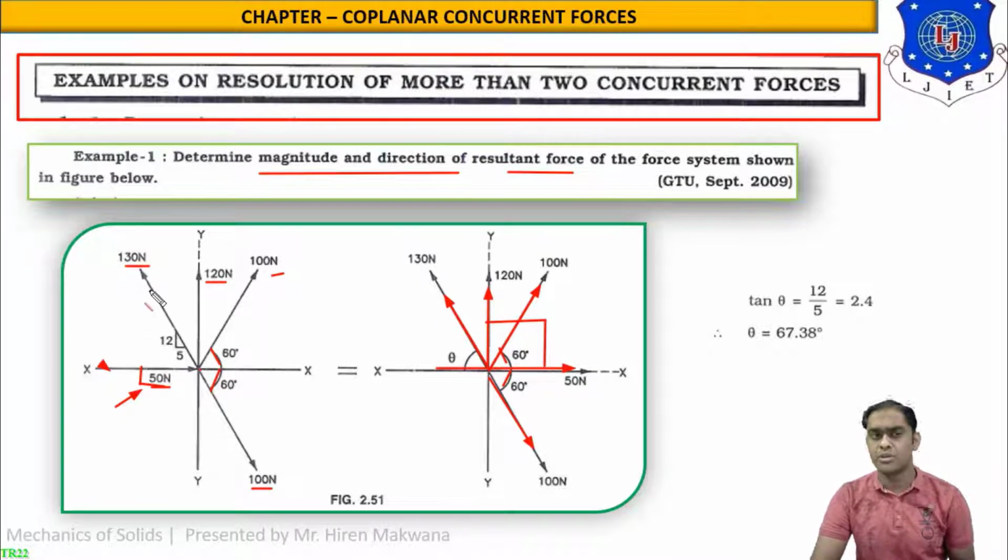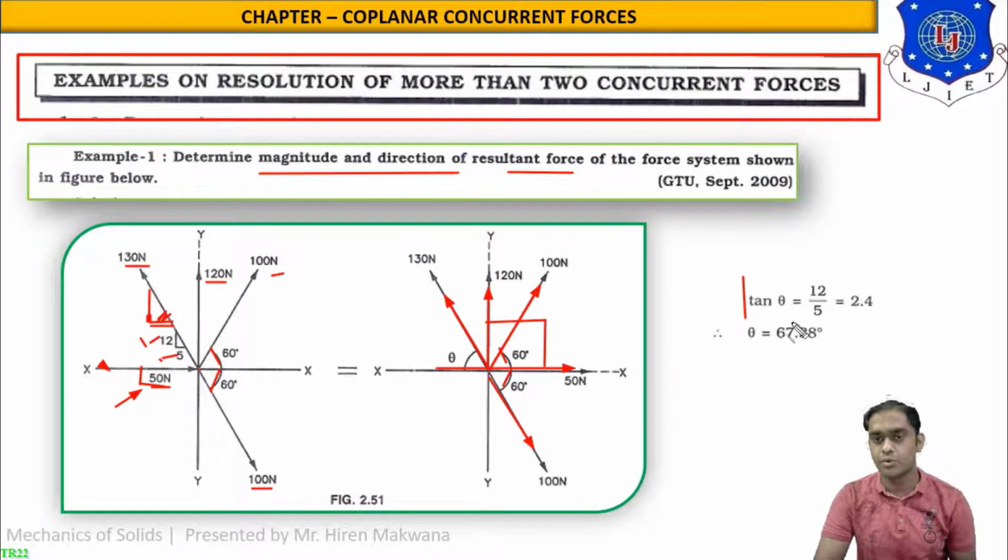Now you can see for the 130 Newton force, the slope is given to you. The slope is like this, 12 by 5. You can remember from mathematics, 12 by 5. So this inside angle of the triangle is theta, which can be found with the help of tan theta. What is tan theta? Opposite upon adjacent. The opposite of this theta is 12 and the adjacent side is 5.